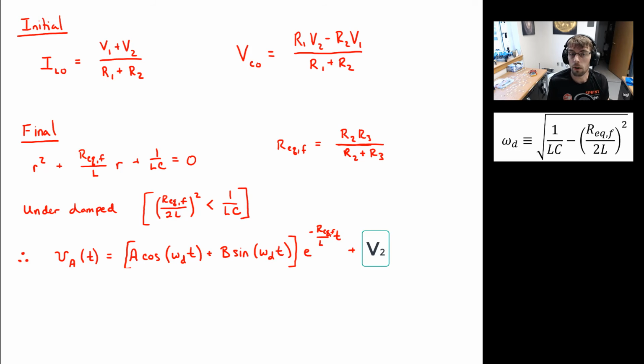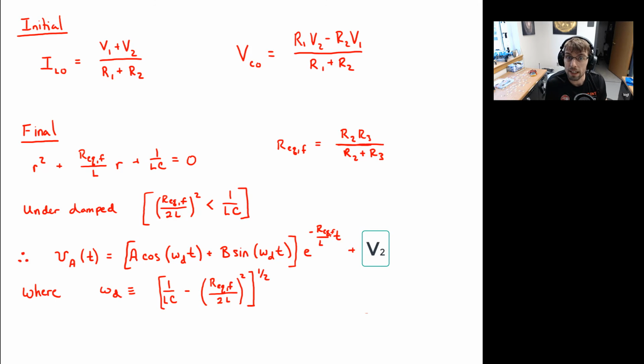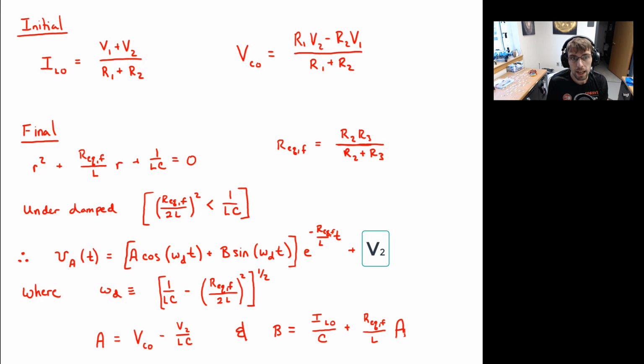Of course, I've changed some of the notation only because I'm lazy, so please bear in mind that omega_d is given by this expression. Notice I flipped the order to make sure that we end up with a non-imaginary number. The imaginary portion is taken care of with the sines and the cosines. And lastly, we took these initial conditions that we found and used them to find expressions for both A and B.